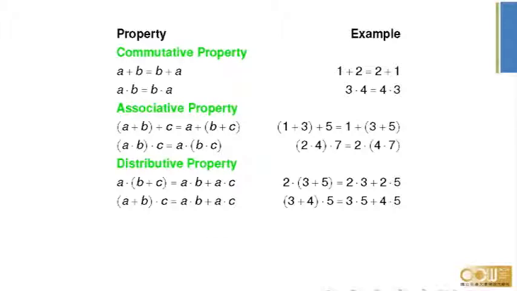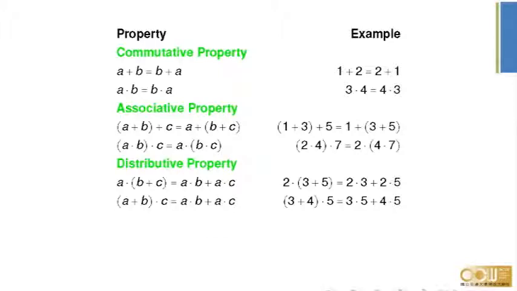The third group is called the distributive properties, which combine addition and multiplication. The first one is a times the quantity b plus c equals a times b plus a times c.